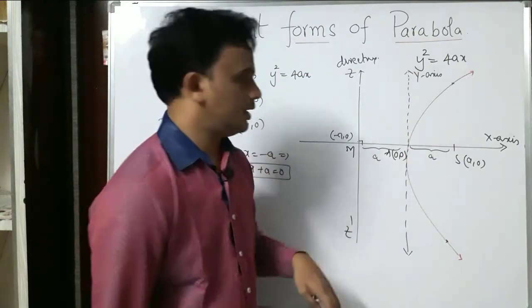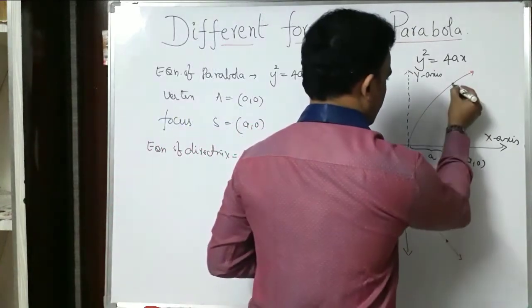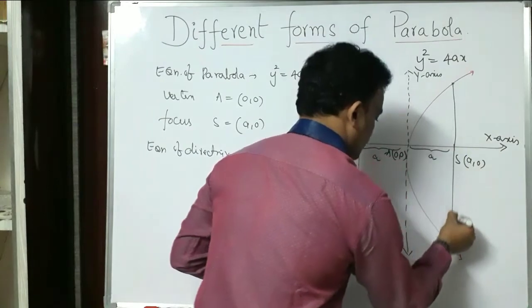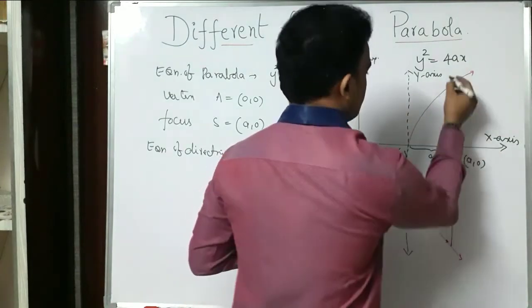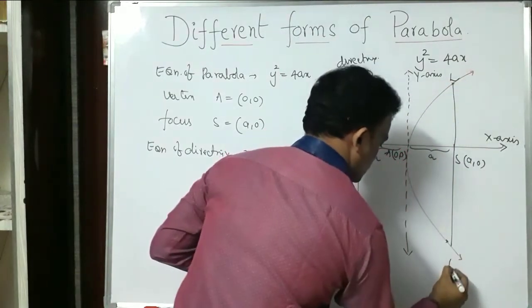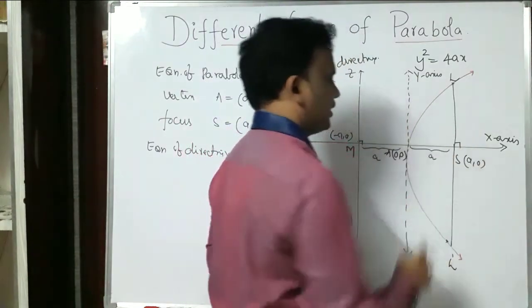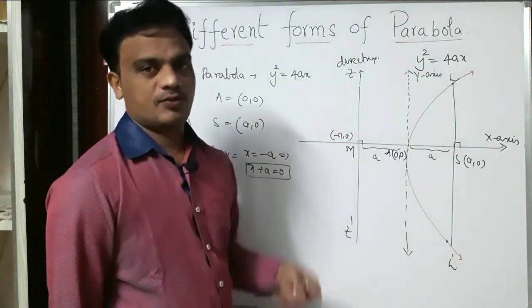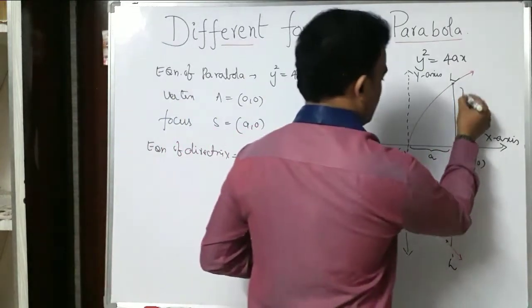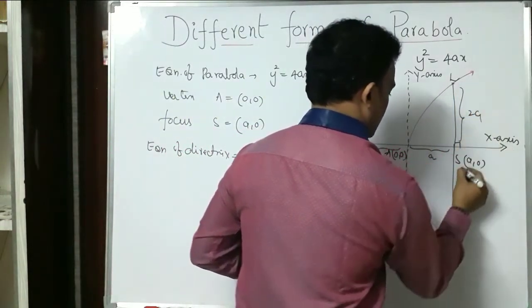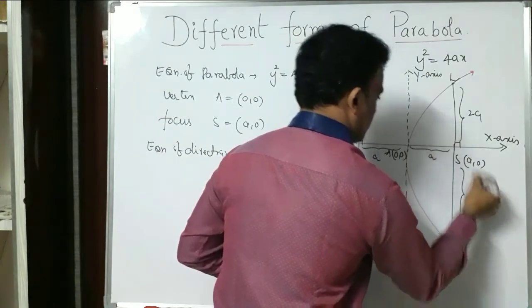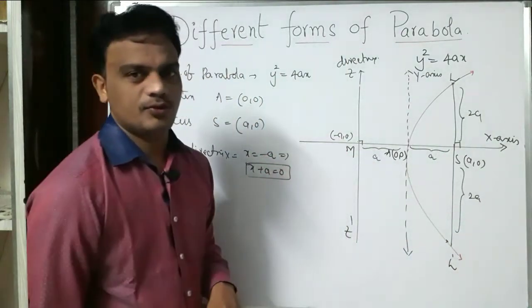If this double ordinate passes through the focus, it is called the latus rectum, which we can denote by L L dash. From the last video we already discussed that this length will be 2a and this length will be 2a. So the total length of the latus rectum will be 4a.